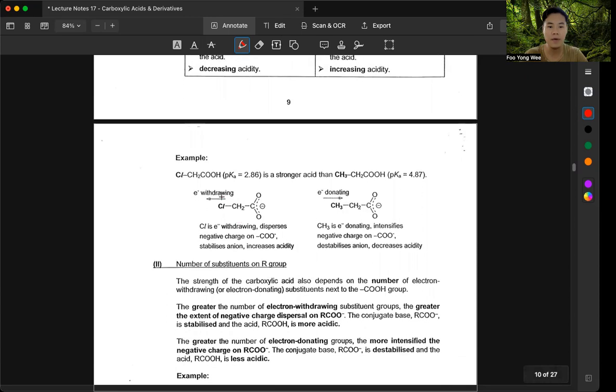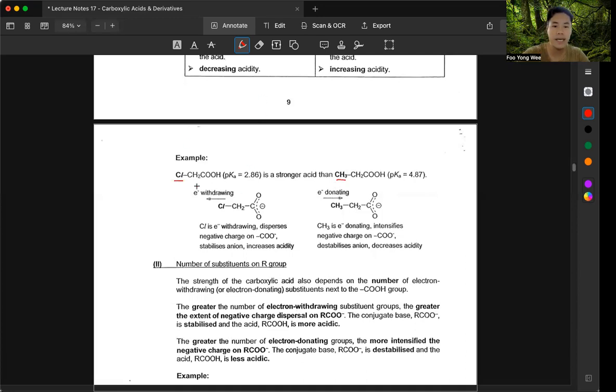For example, if we compare Cl and CH3, one is an electron donating group, one is an electron withdrawing group. Make sure when you do the comparison, we are referring to similar electron cloud size, meaning we use a similar number of carbon atoms in the organic compound.